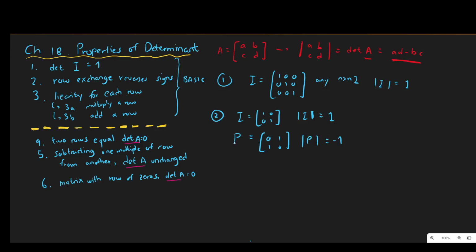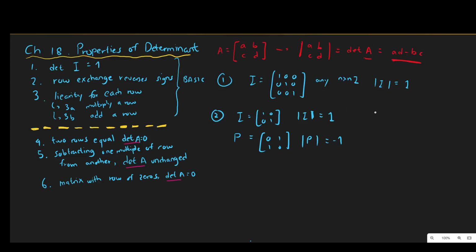P stands for the permutation matrix, which we learned in the previous lessons. Permutation is playing around with all the possible positions, the combinations of all these rows and columns.